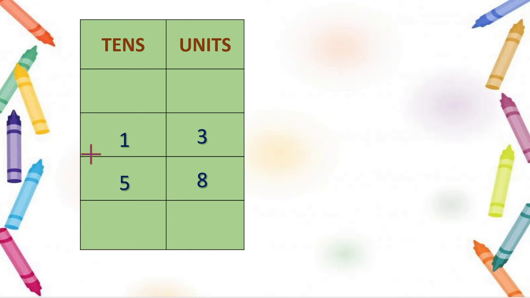Very good. 11. 11 let us write here first. And this left hand side 1 will move to tens place because that is carried over to the tens place. Okay. Now 1 plus 1 that is 2. Right? 2 plus 5 that is, yes, 7. Very nice. So our answer is 7 tens, 1 unit.